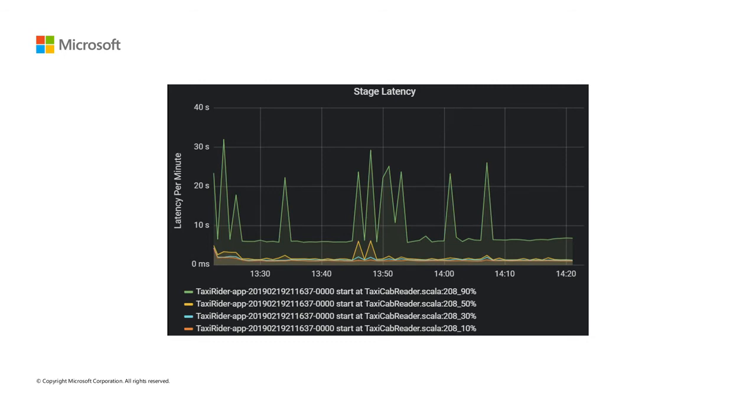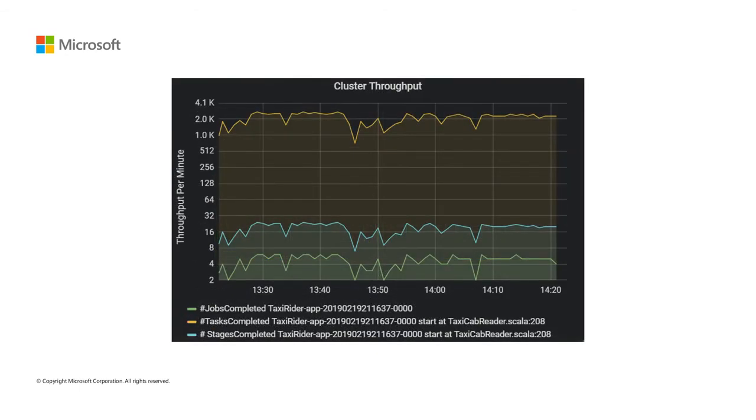Now, having known this, we also wanted to understand what our throughput is throughout this process. And let me walk you through this. The green line is the amount of jobs complete. The blue line is the amount of jobs completed at the stage level, and the orange line is the ones completed at the task level.